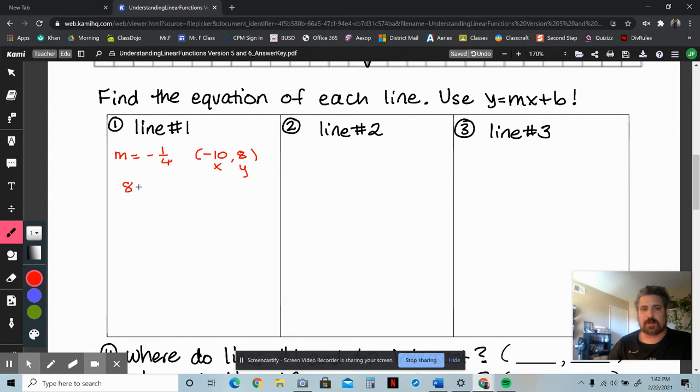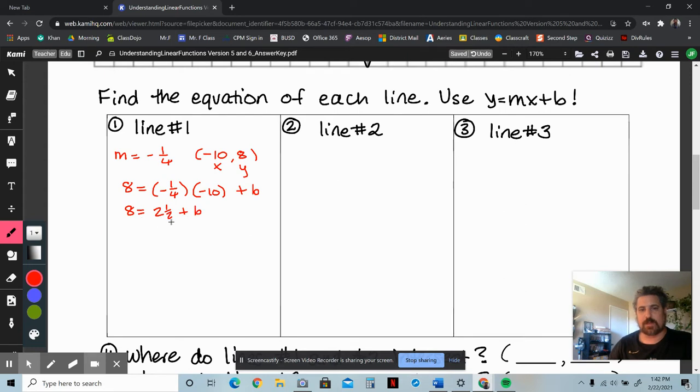So the y value is equal to the slope, which is -1/4, times the x value, which is -10, plus the y-intercept. That ultimately becomes 8 equals positive, and 1/4 of 10 is 2.5, right? So basically we're looking at +10/4, which is 2.5. So positive 2.5 plus b.